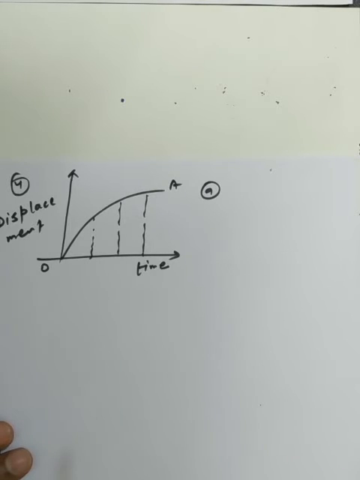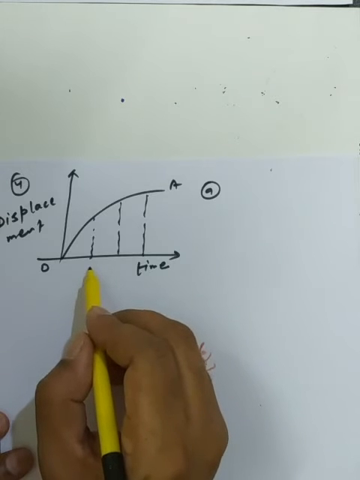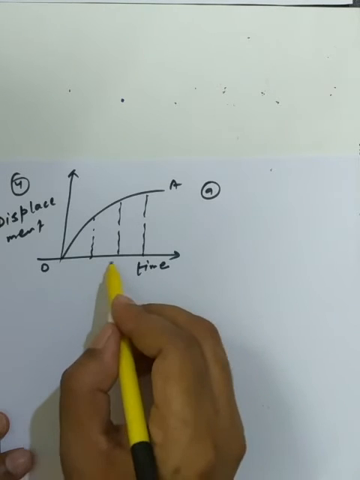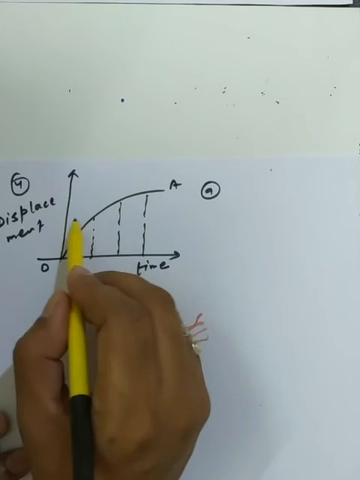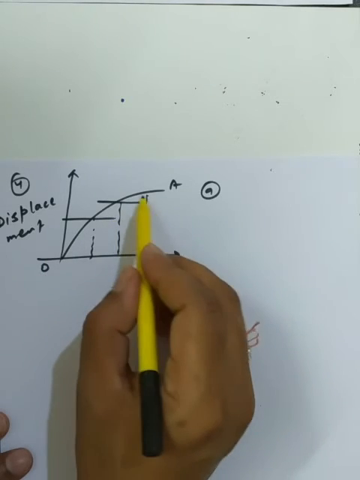Now here we have the fourth graph, a displacement time graph, in which the time intervals are equal, but the displacement is non-equal.